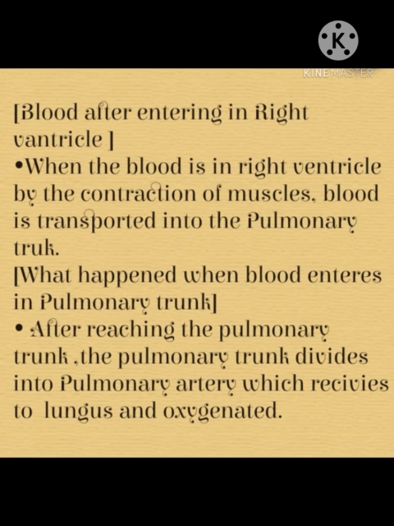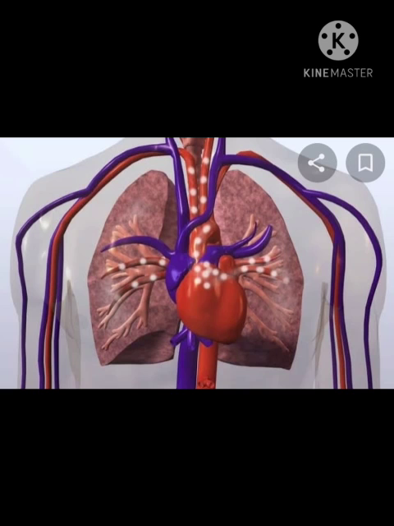Now what happens when the blood enters the pulmonary trunk? After reaching the pulmonary trunk, the blood divides into the pulmonary arteries, which go to the lungs to be oxygenated.